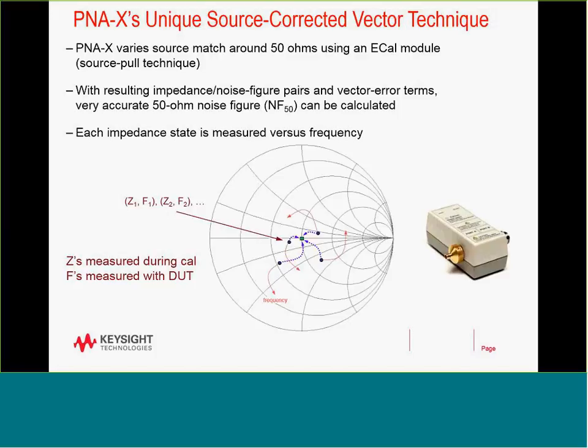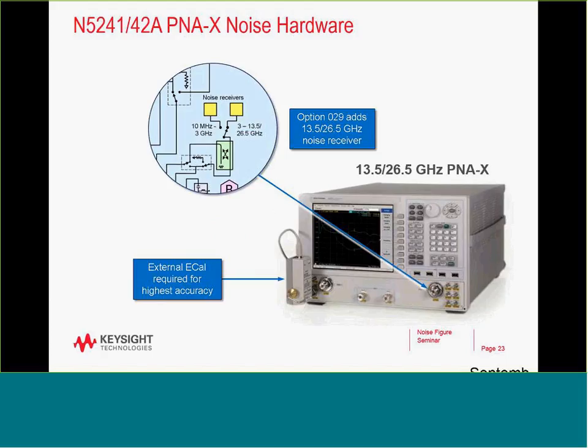Okay, so very important here is to say that not only are we going to be able to get a much more accurate noise figure because we're removing mismatch, we're also going to report to you the 50 ohm noise figure. So if we take a look at the network analyzer, behind test port number 2 is where we introduce the noise receivers.